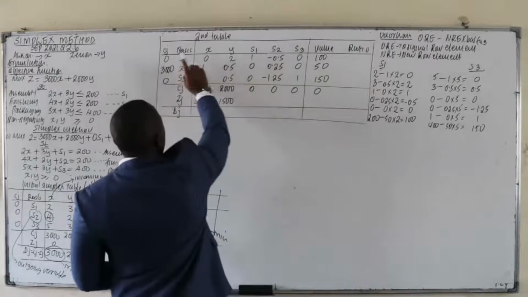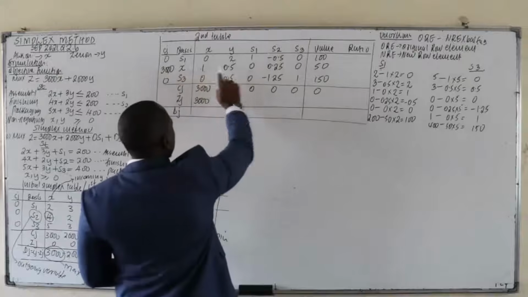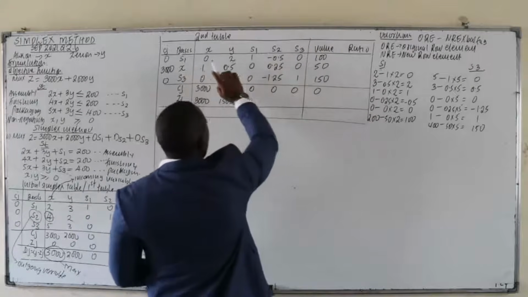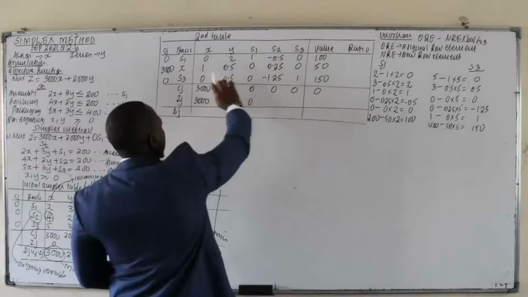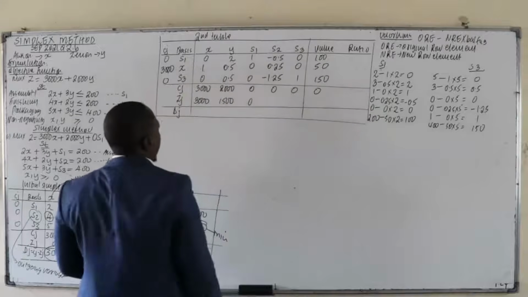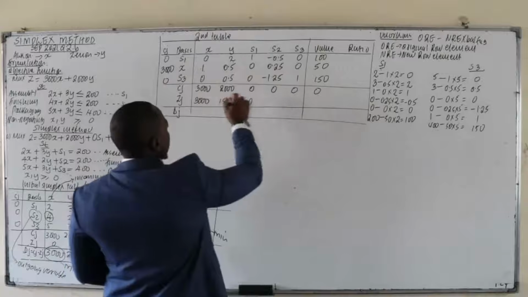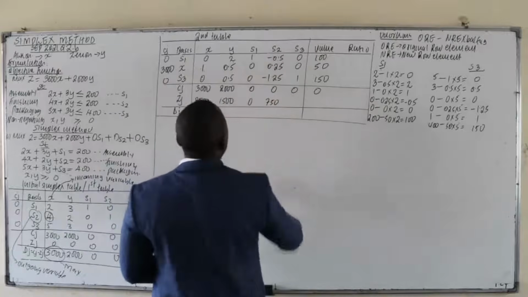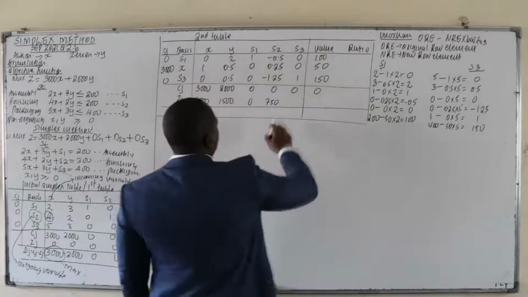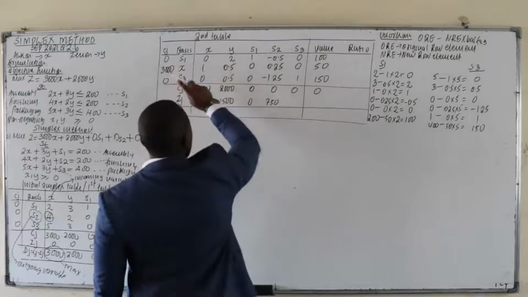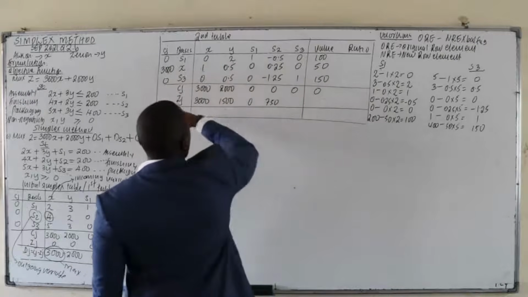1 times 0 is 0. 0 times 3,000 is 0. 0 times 0 is 0. So you get 0. Negative 0.5 times 0 is 0. 0.25 times 3,000, that's 750. Negative 1.25 times 0, that's 0. So you get 750. Then you have 0, 0, 0, 0, 1 and 0, that one is still 0.